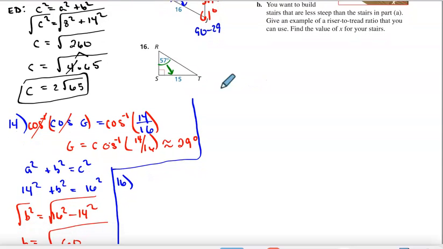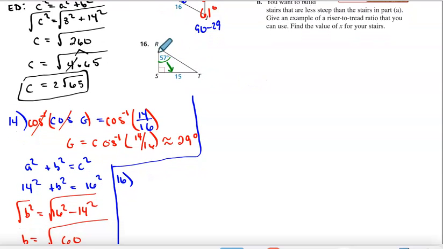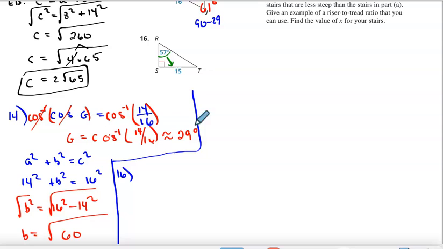I have the opposite, and I need the adjacent, and I need the hypotenuse. So I'm going to do this two ways. If I want to get the adjacent, then I can use the tangent. So the tangent of 57 degrees is equal to 15 over, and I'll just call this x for now.